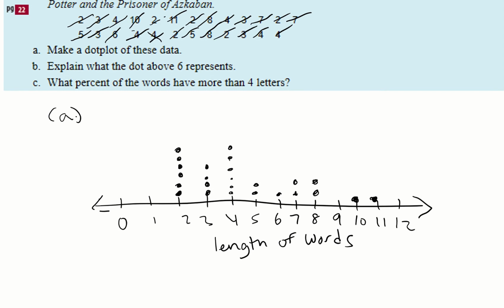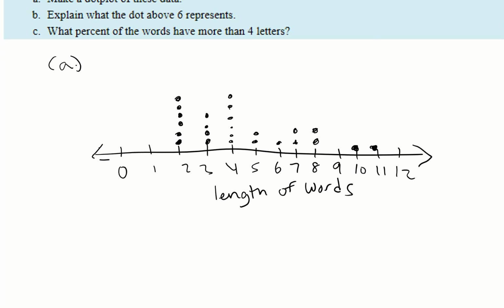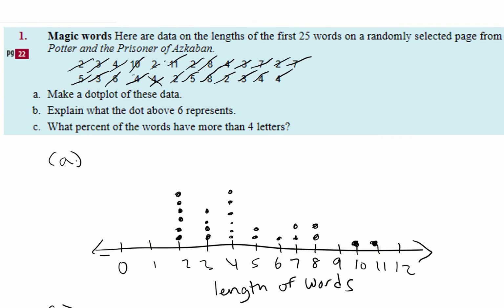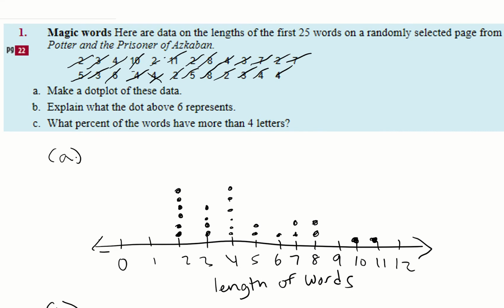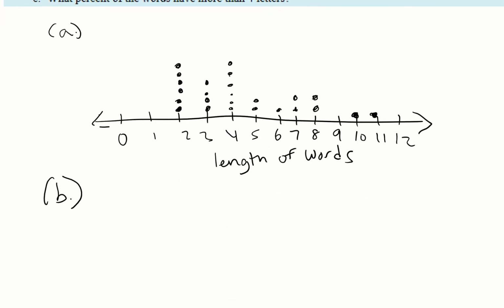Now we're going to explain what the dot above the 6 represents. There's only one dot that represents the 6. And remember, this is the length of the words in a randomly selected page from Harry Potter and the Prisoner of Azkaban.